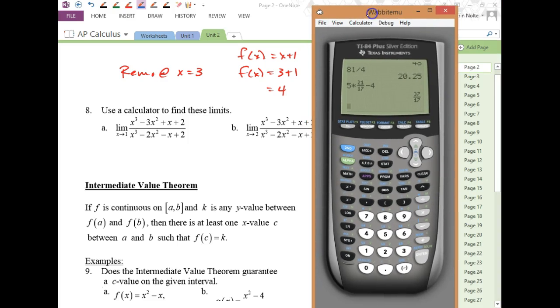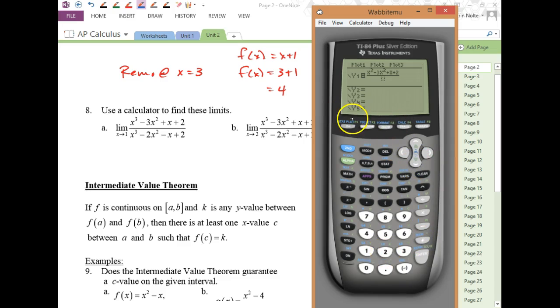I'm going to start by graphing it, right? Because we want to see what this looks like. I'm going to use the fraction button so it looks just like the other one. So we got x cubed minus 3x squared plus x plus 2.